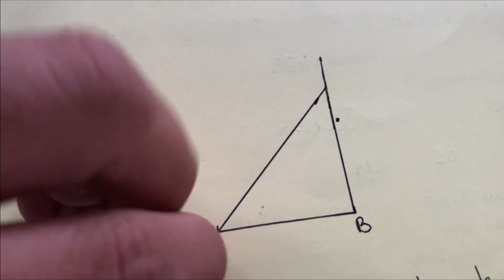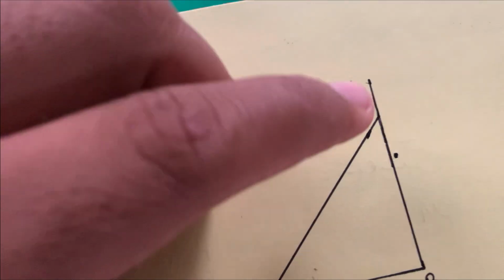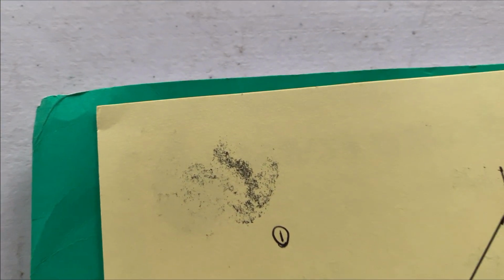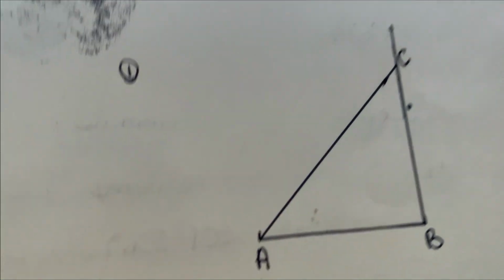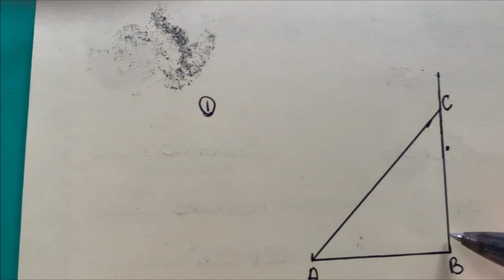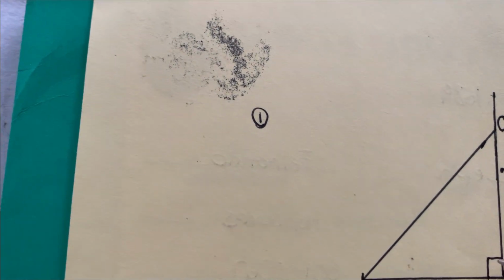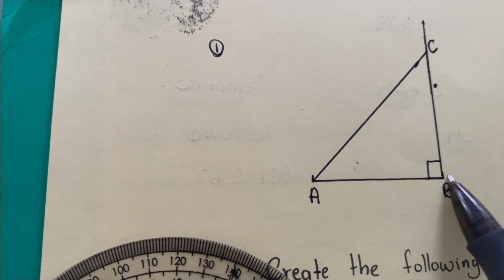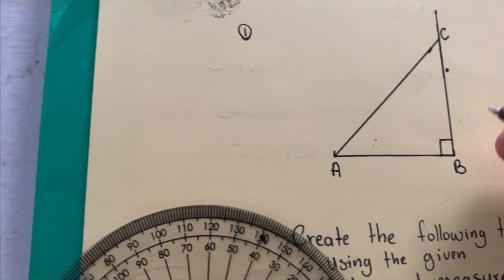Here you go. We connected A to this point. Where they meet on this line, this will become point C. Now labeling the angles would be very easy. By now you should know that the angle you created, angle ABC, is 90 degrees.